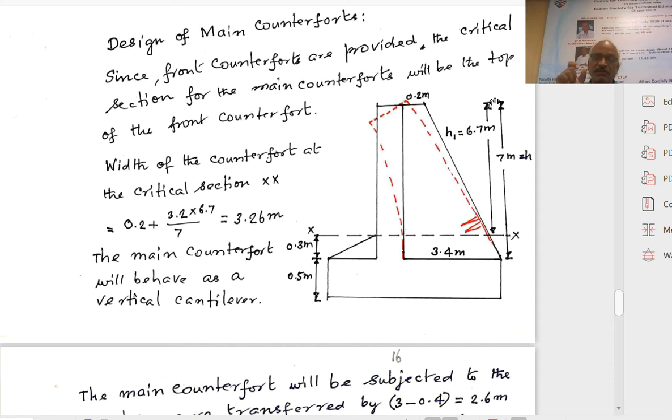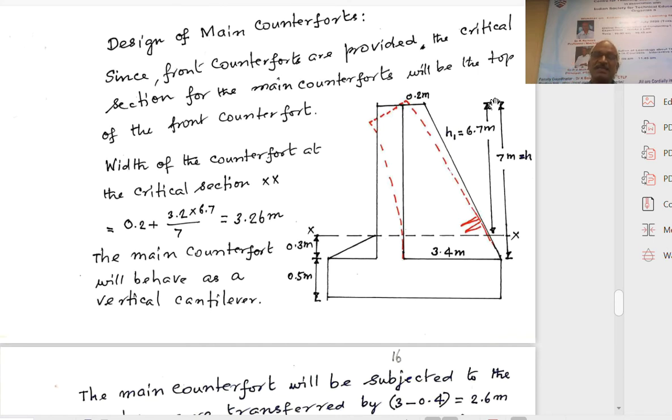Therefore, for the design, when front counterforts are provided, we have to take the top level of the front counterfort as the critical section for the design of the main counterfort.